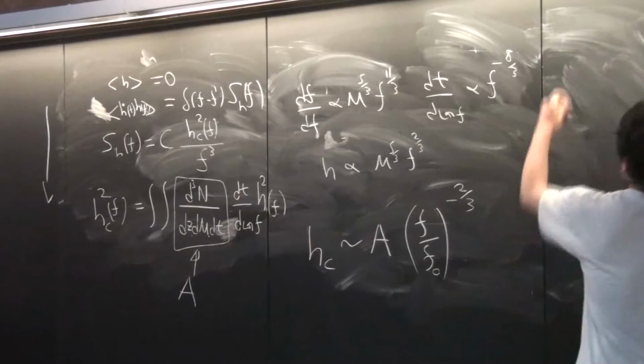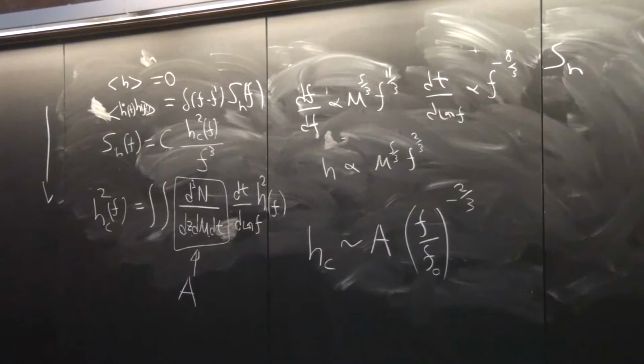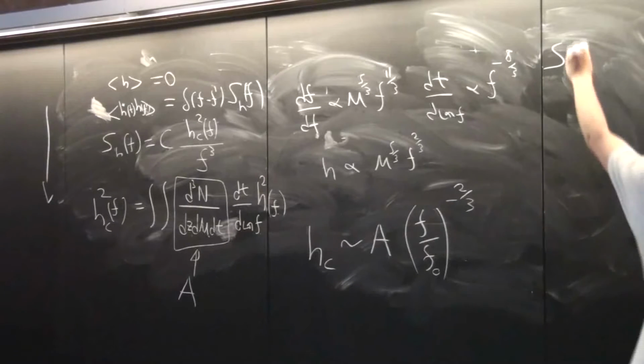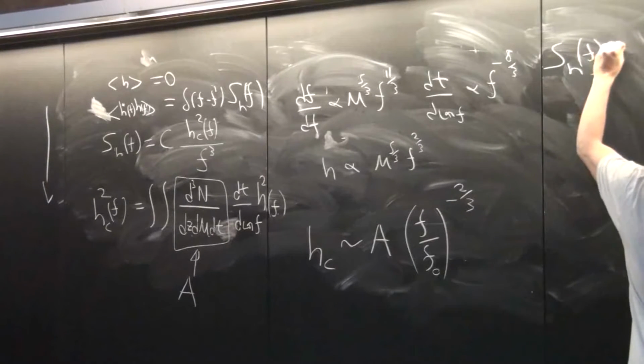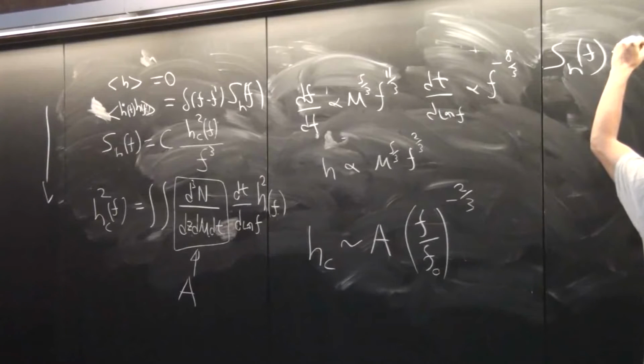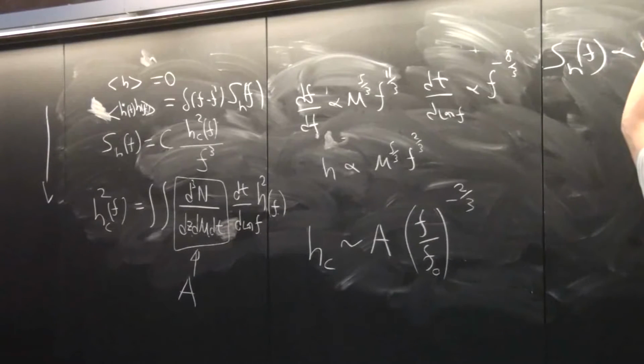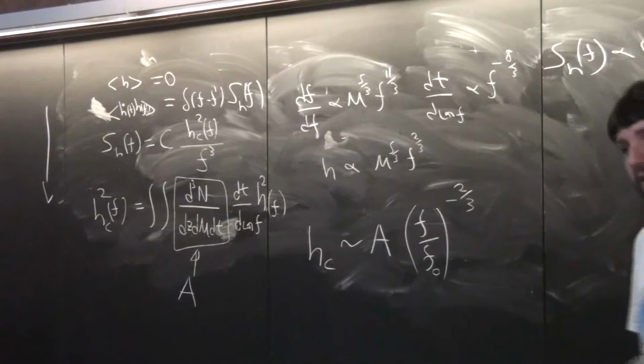This means that S_h, this famous power spectral density, which is proportional to h_c squared divided by f, is basically f to the minus 13/3. A stochastic background of gravitational waves produces a very, very red signal in your times of arrival. Okay?